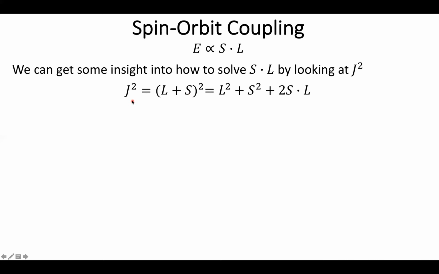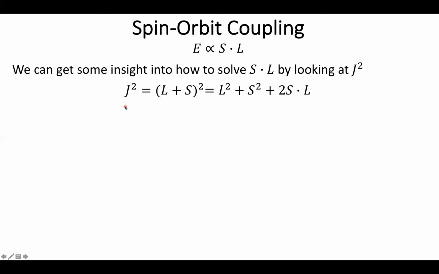So our total angular momentum squared is going to be equal to our orbital angular momentum squared plus our spin angular momentum squared plus the dot product of our two angular momentums. Well, this is the term that we were looking for, and we already have some insight as to what these other three terms look like. So guess what we do?